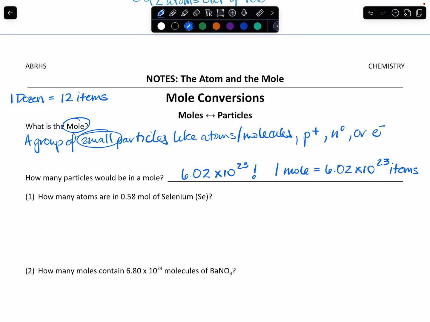But atoms or molecules are very small and don't take up very much space, so we need to group them into a very large group so that they are observable to us. This is called a unit equality, and we use it to set up ratios that allow us to cancel units.